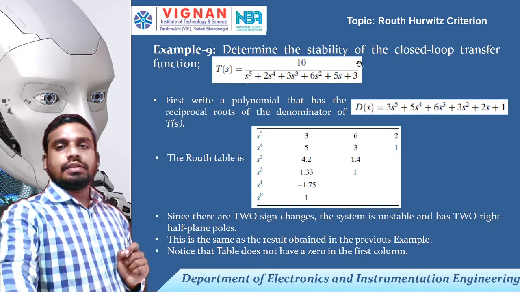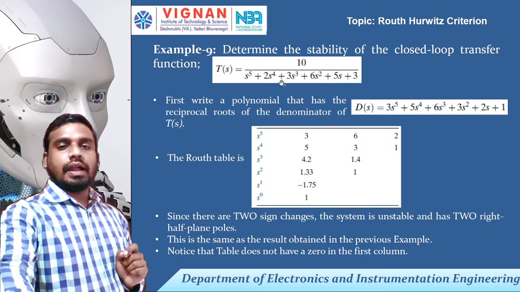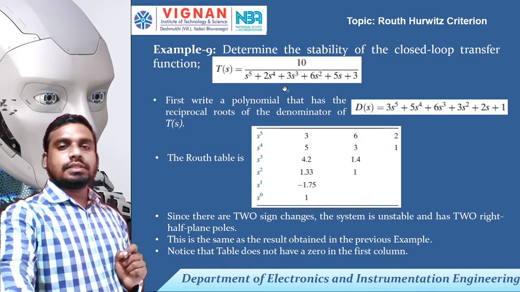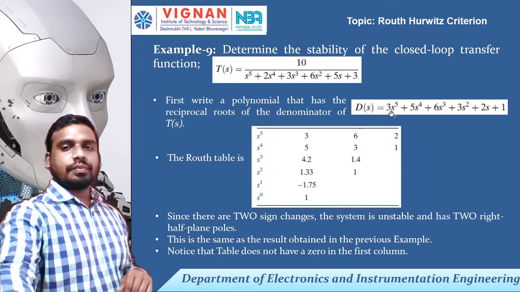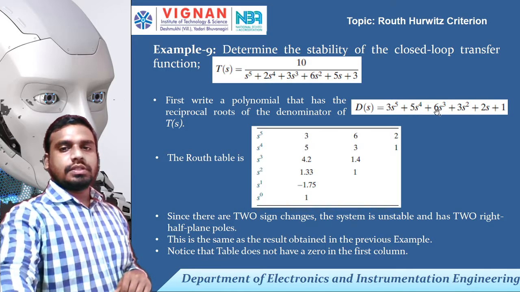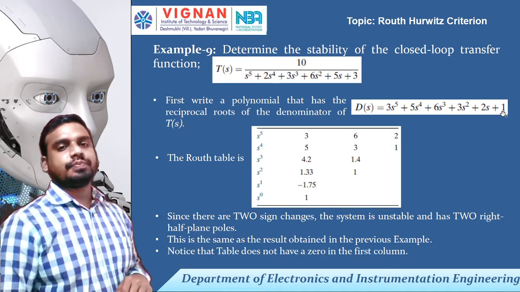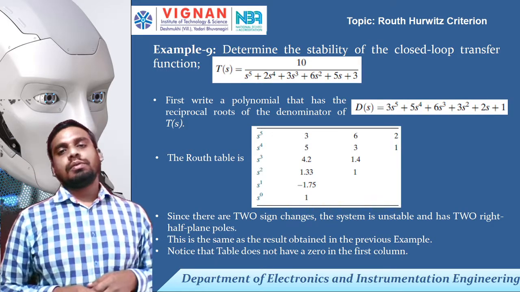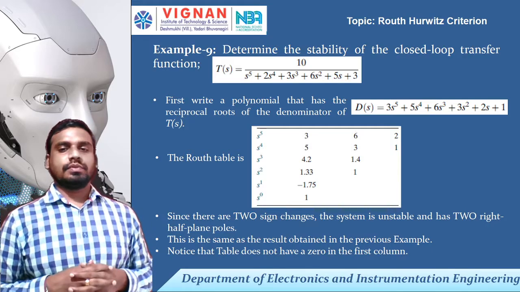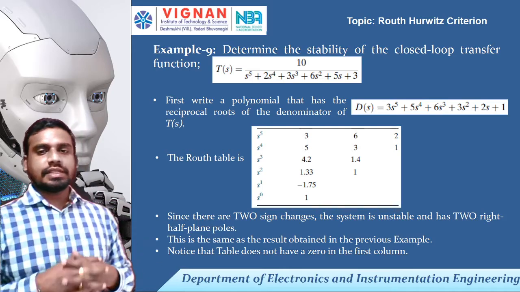What you get here is the maximum power going first, and then the others coming in reverse order: 3s power 5, 5s power 4, 6s cube, 3s square, 2s plus 1. See, you get the same equation if you substitute s equal to minus 1 by z. It will come in z form. You can just substitute and check it.